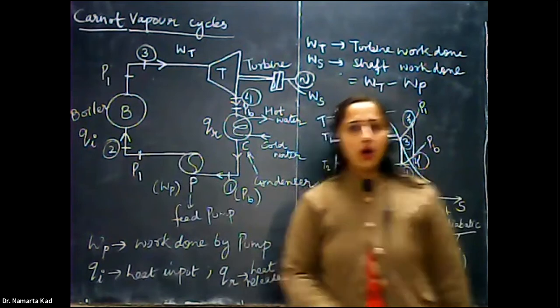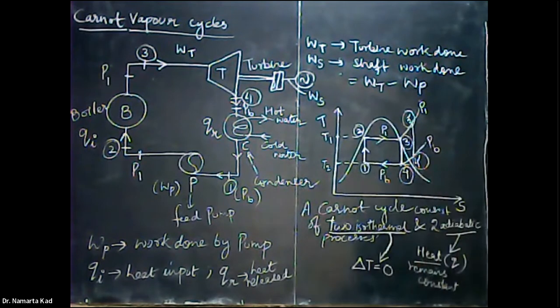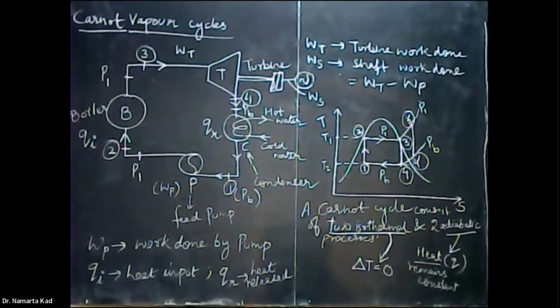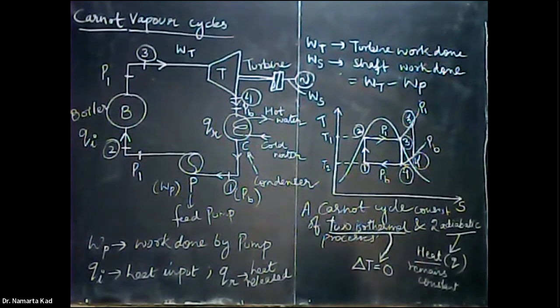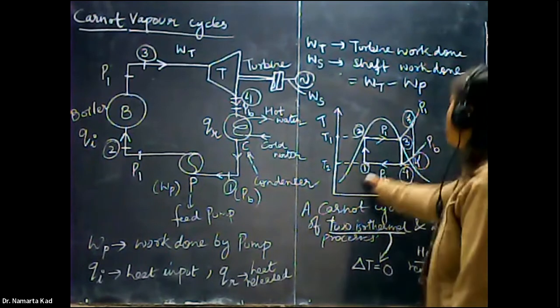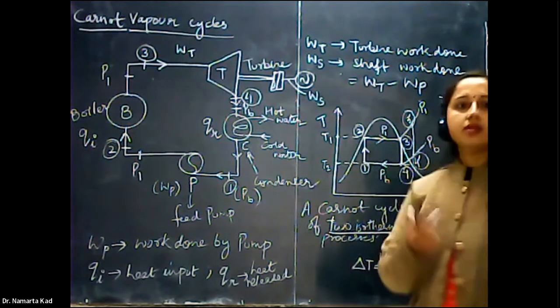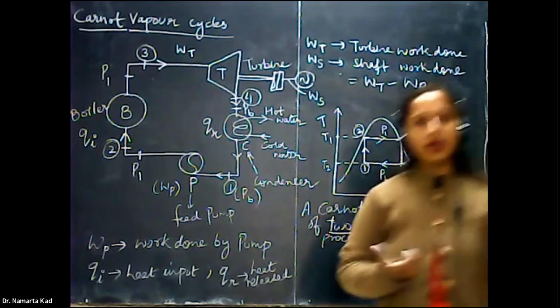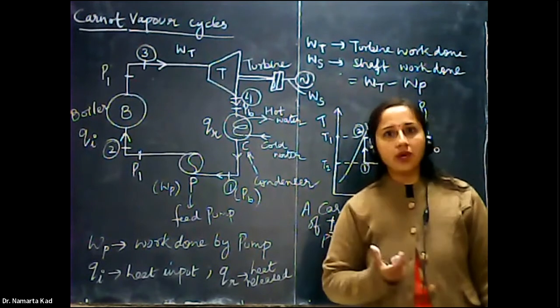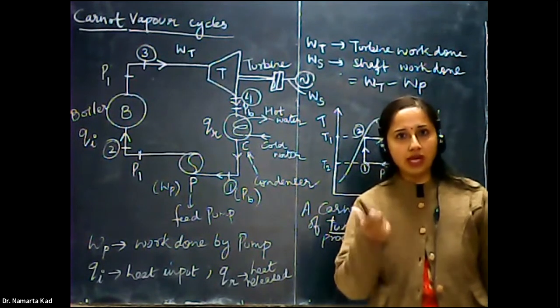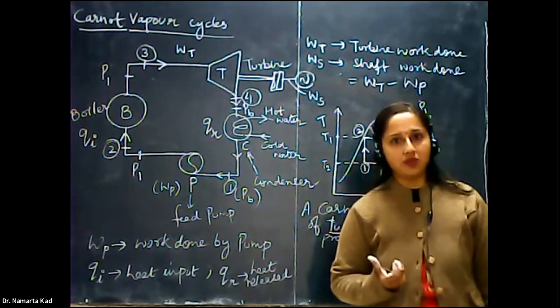And how is the pressure increased? When the compression process takes place. The pressure increases from PB to P1 by the compression process, and that is called an isentropic process. Isentropic is actually the reversible adiabatic process.